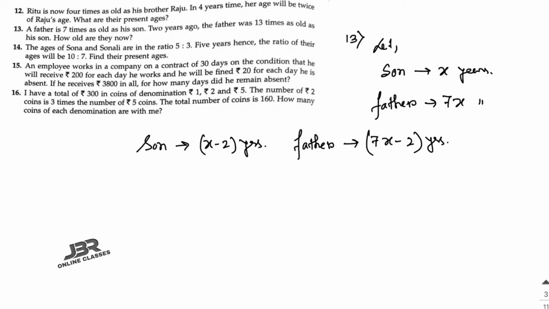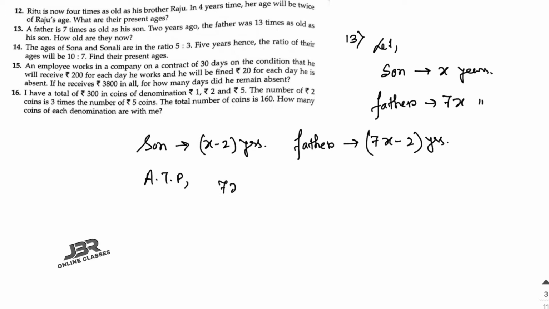As here x and 7x both are present age, 2 years ago age of his son x minus 2, and 2 years ago age of the father, that is 7x minus 2. Okay, so here according to the problem, the father was 13 times as old as his son.